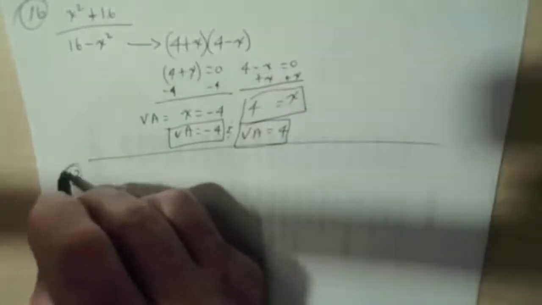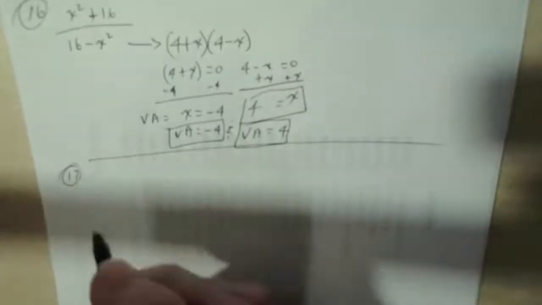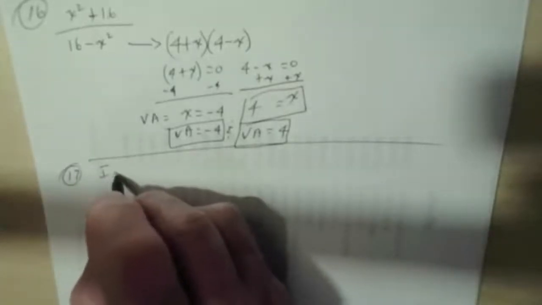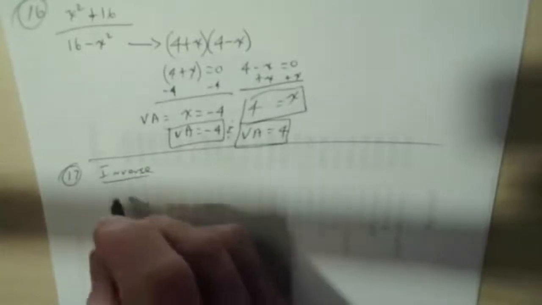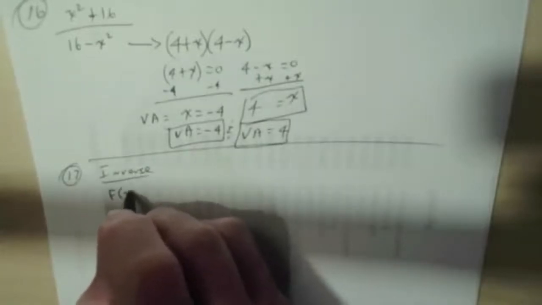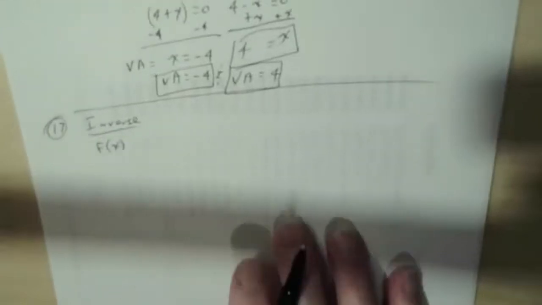Number 17, find the inverse function of f of x equals 2x minus 4. First, we rewrite this as y equals.